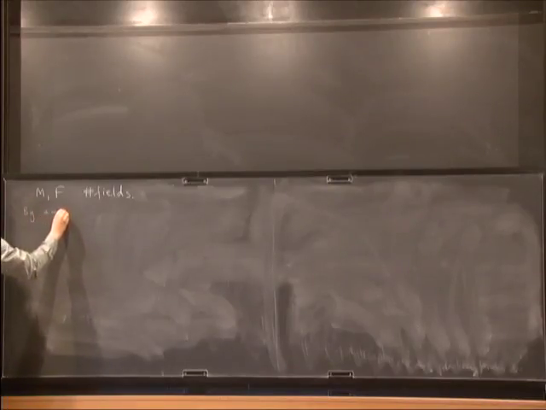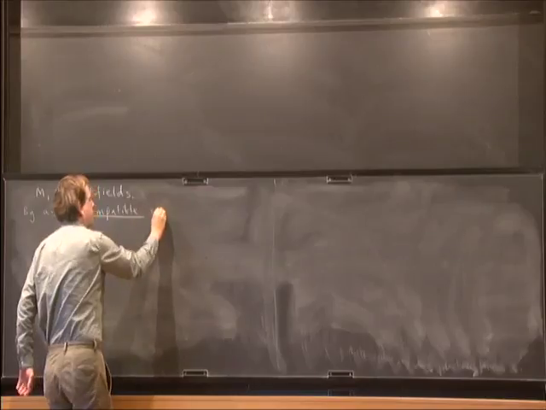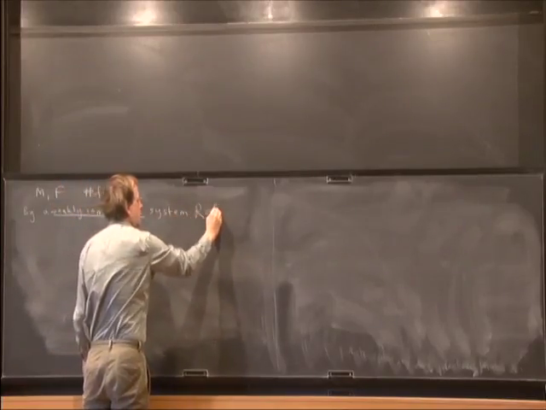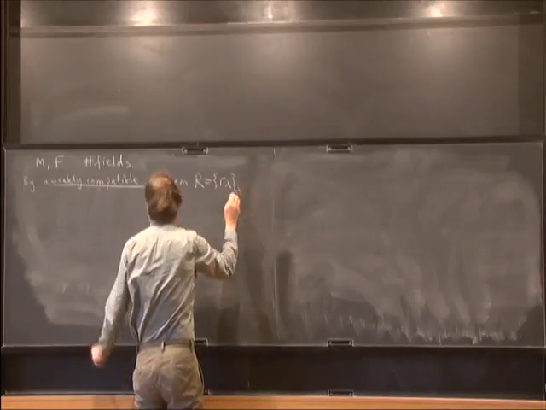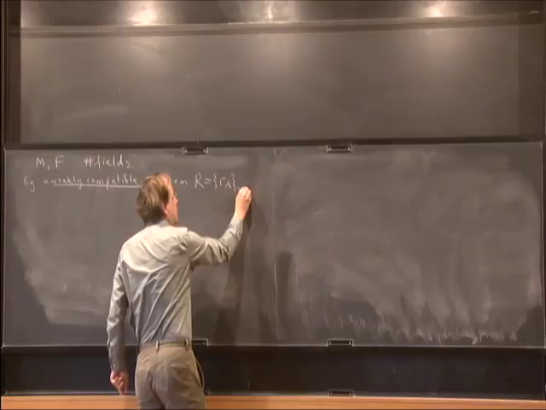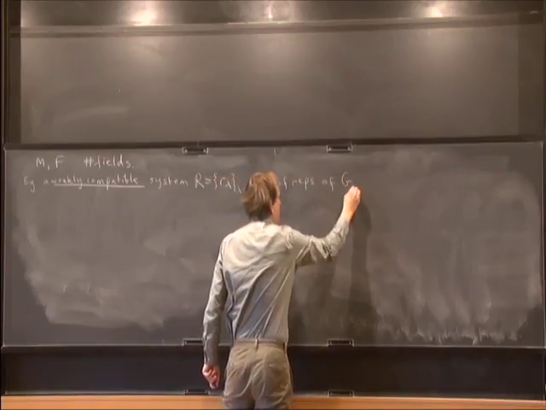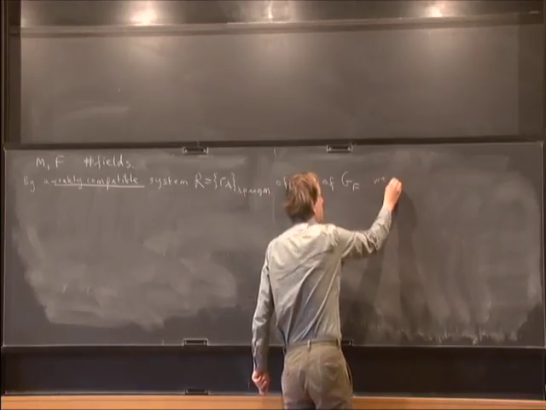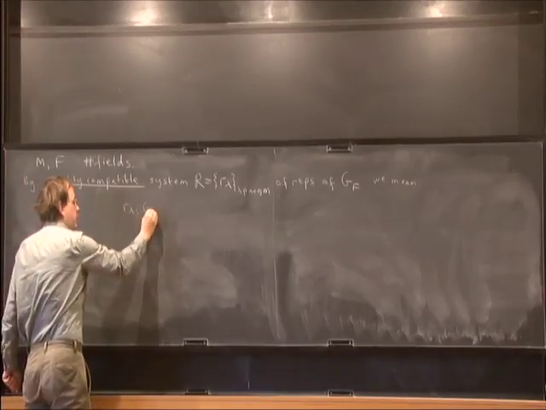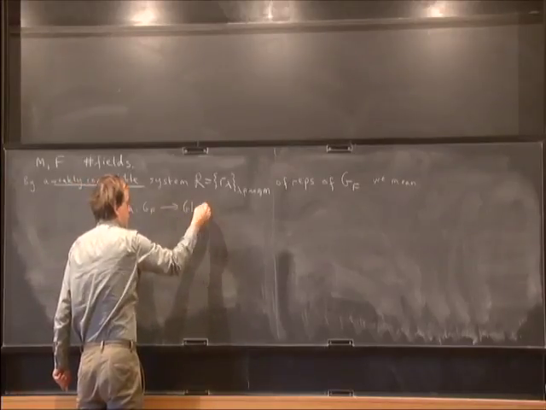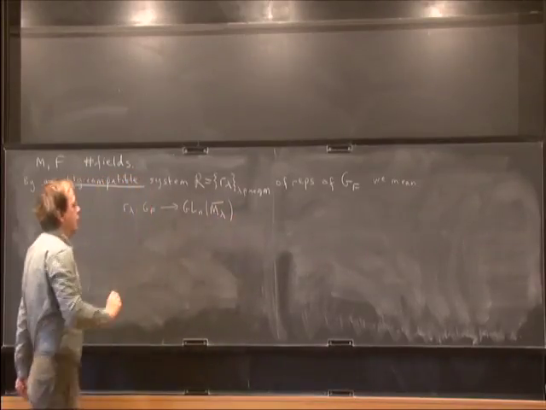By a weakly compatible system R, we mean consisting of R lambda, so there will be one R lambda for each lambda prime of M. So M will be sort of coefficients, lambda prime of M, of representations of the Galois group of F. For each such lambda, R lambda will be a representation of the Galois group of F into GL_n, it will have some dimension n, which will be independent of lambda, of the algebraic closure of M lambda.